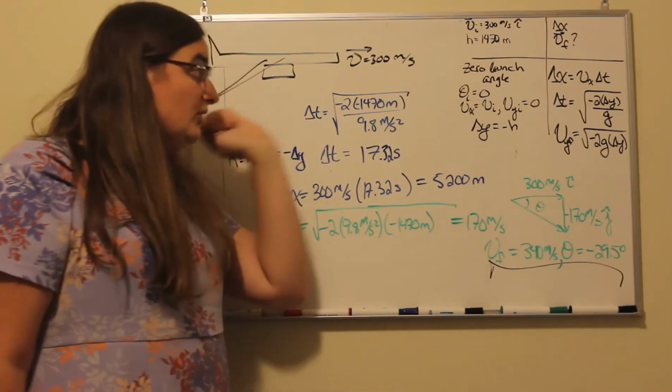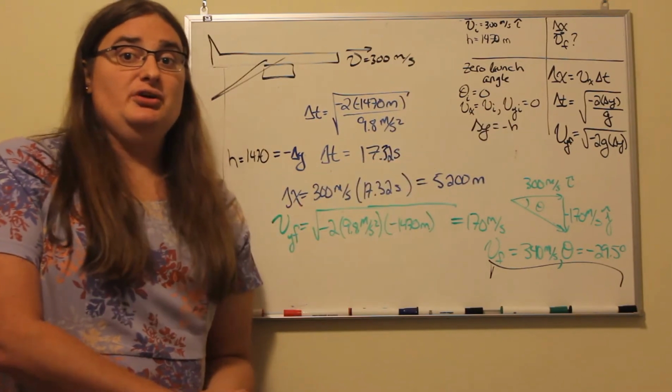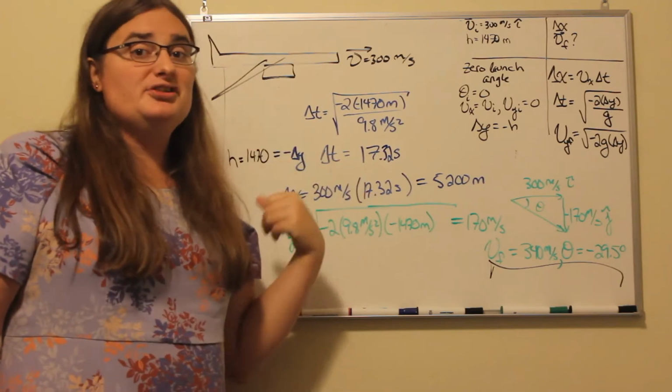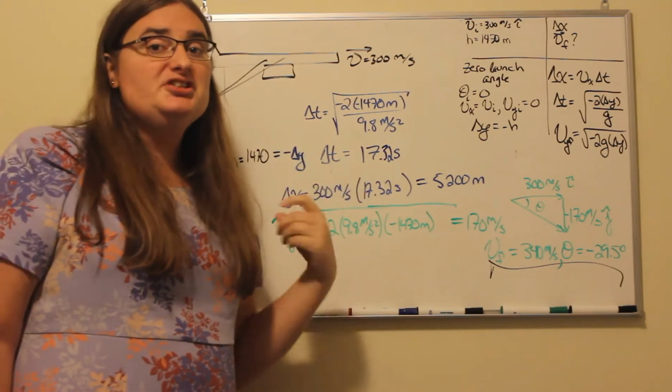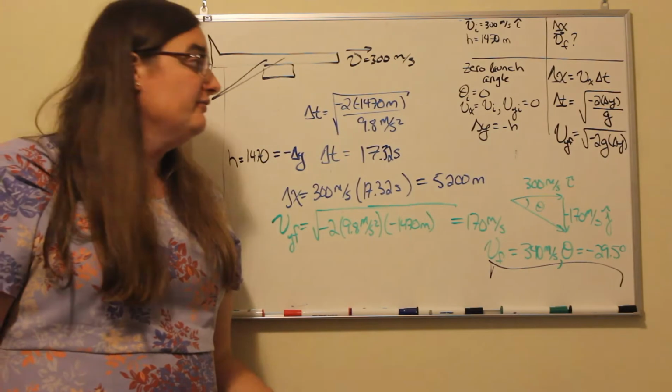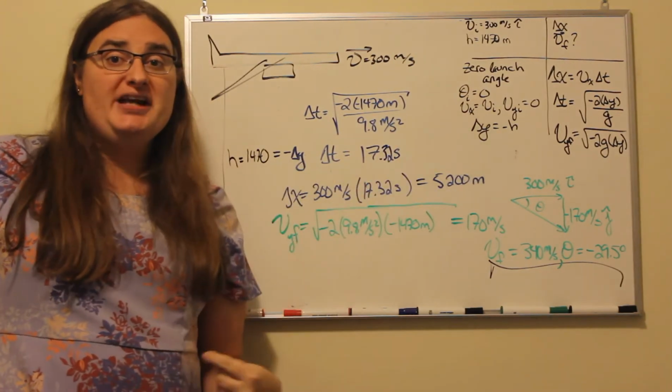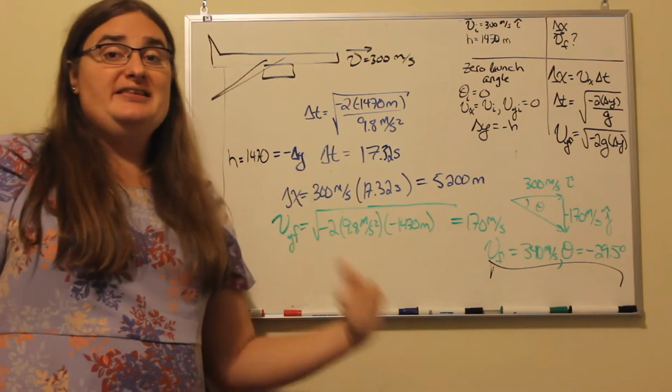So, in terms of our equations for zero launch angle, our range, the distance that we travel, is going to be our speed in the x direction times the amount of time that we have. We know our speed in the x direction is 300 meters per second, and then we need to find the time.